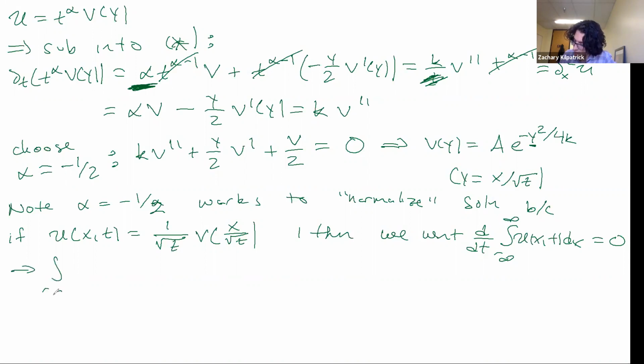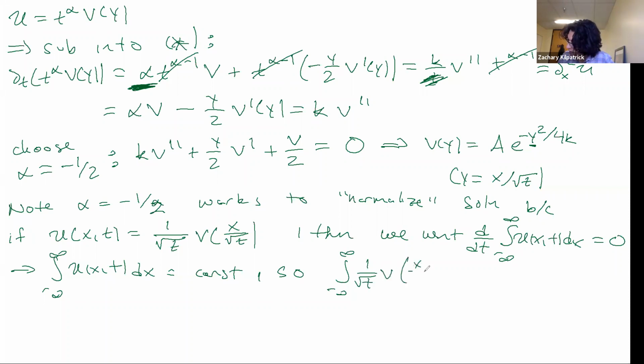In other words, this integral of u of x,t dx is constant. So essentially, the integral from minus infinity to infinity of 1 over the square root of t times v of x over square root of t dx should be constant.